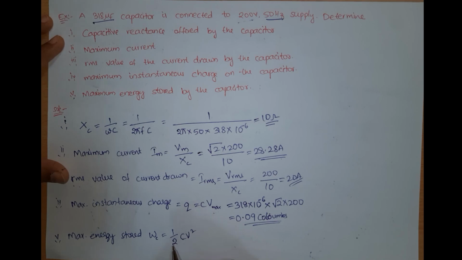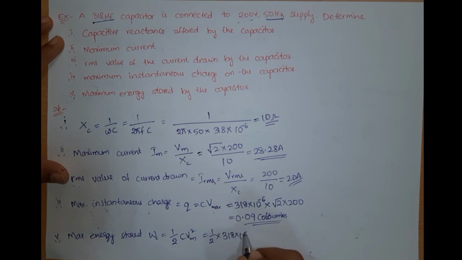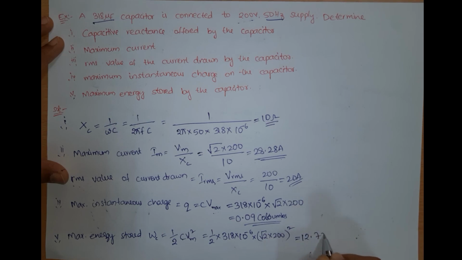So the formula comes like half C Vm square, that equals half into 318 into 10 to the power of minus 6 into root 2 into 200, the whole square, which gives you the answer as 12.725. So this is the problem regarding the analysis of a purely capacitive AC circuit, right?